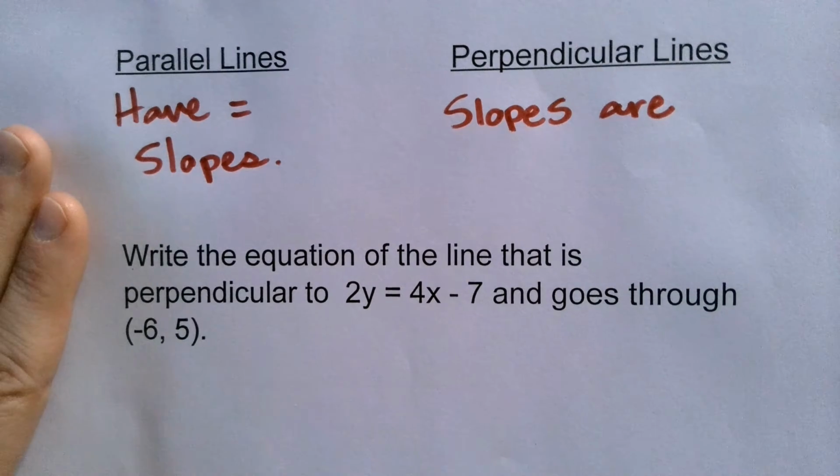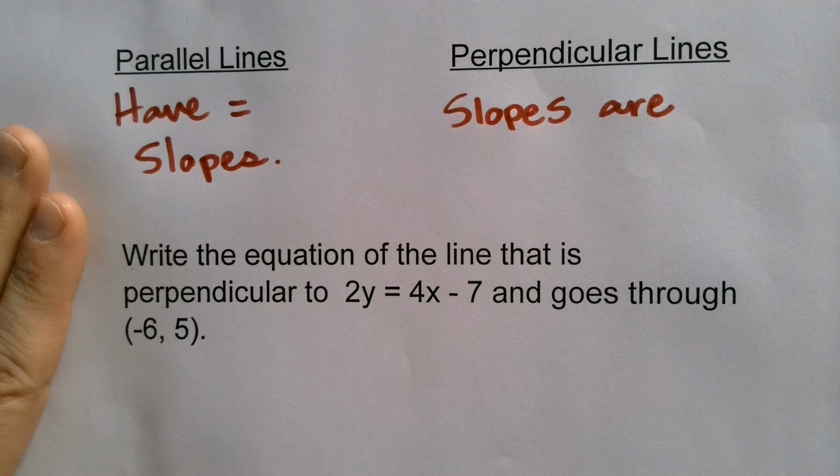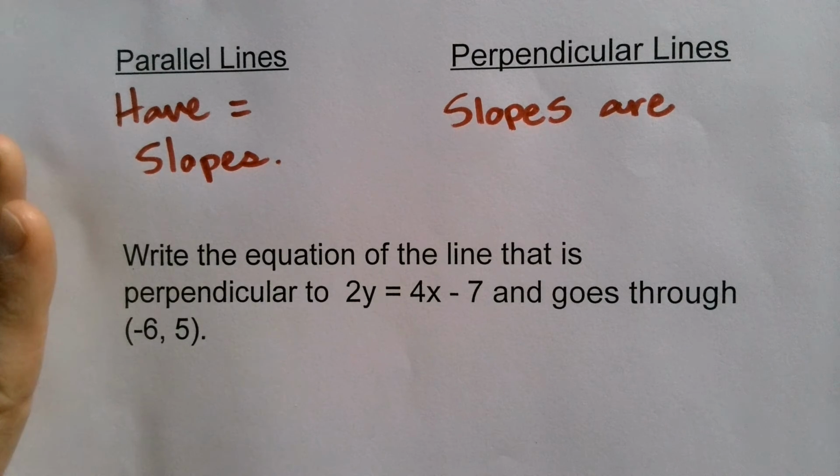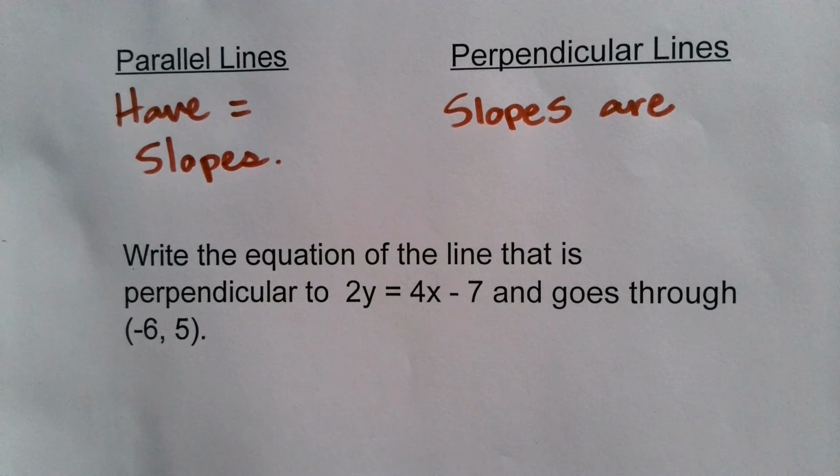Do you remember what else has to be true? Yeah, what about the y-intercept? They have to be the same? No, they don't have to be the same. That would mean that you are wanting it to cross at a specific point. We don't care where they cross. It's just going to be perpendicular to it.